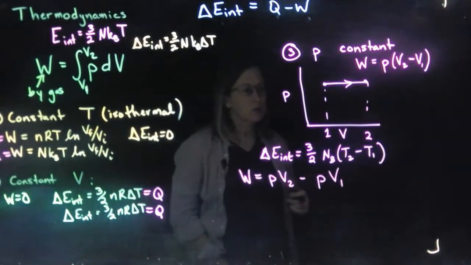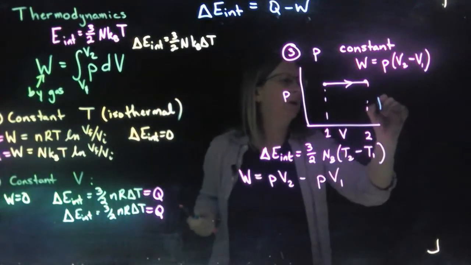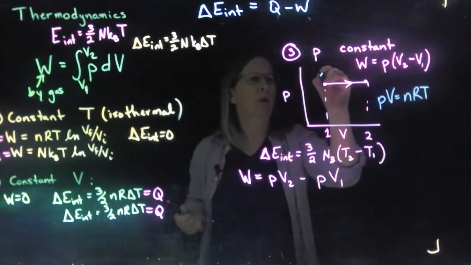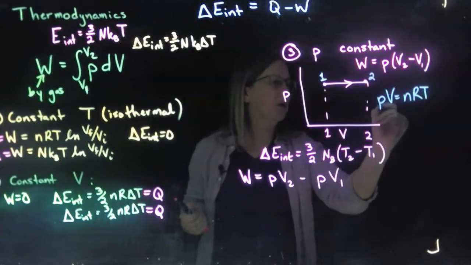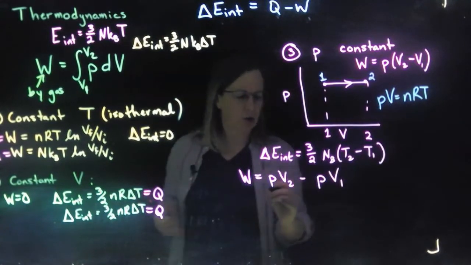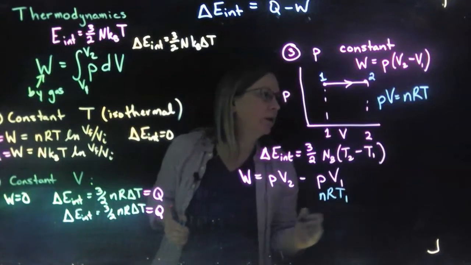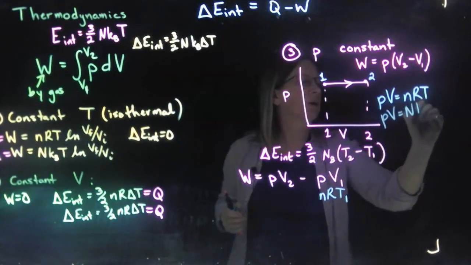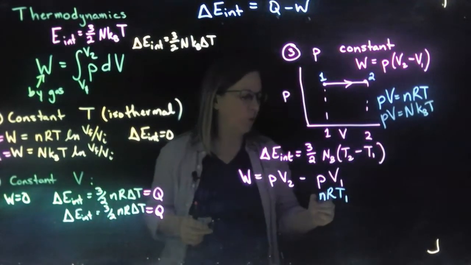If I use our ideal gas law, that is PV equals nRT. This is 0.1 and this is 0.2. Then the pressure, which is constant, times V1 is just going to be nRT1, or I can also use PV equals nKBT, which I want to use in that form.